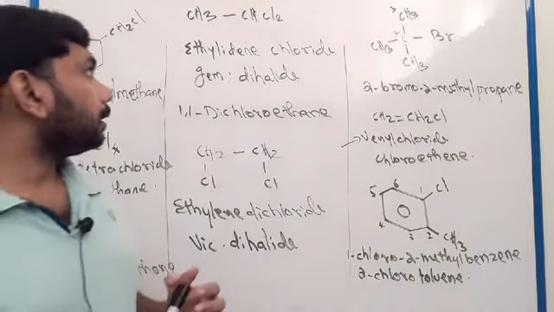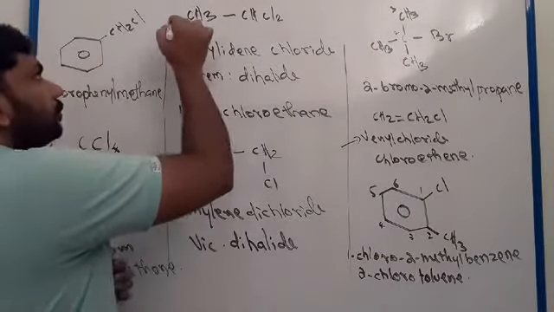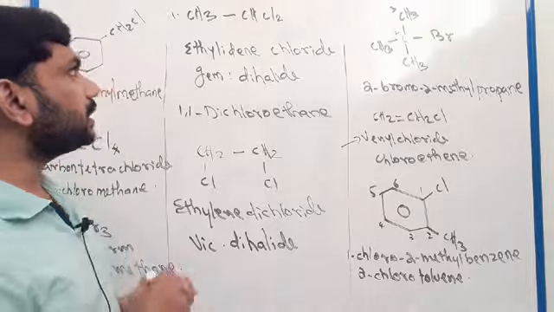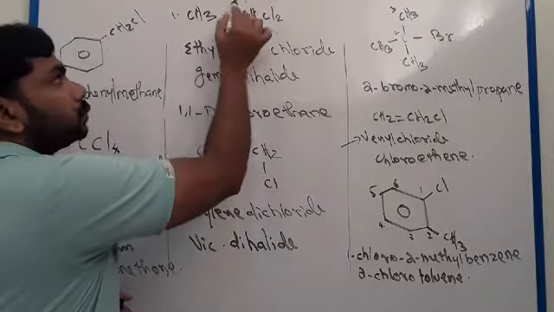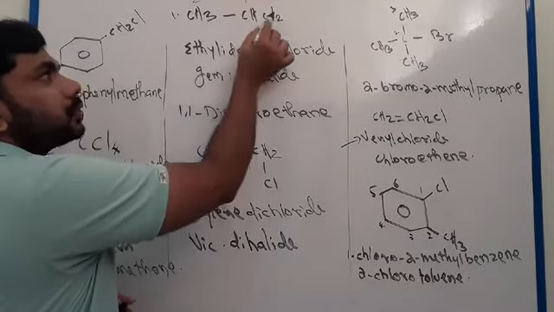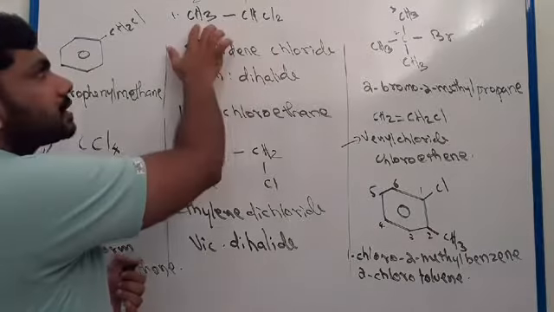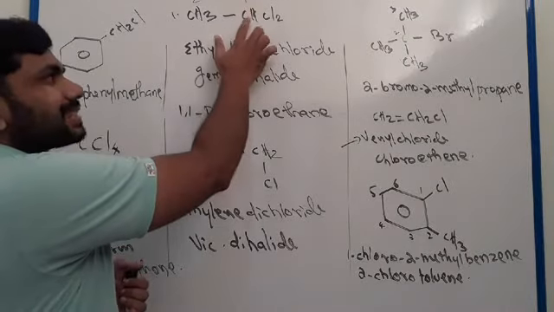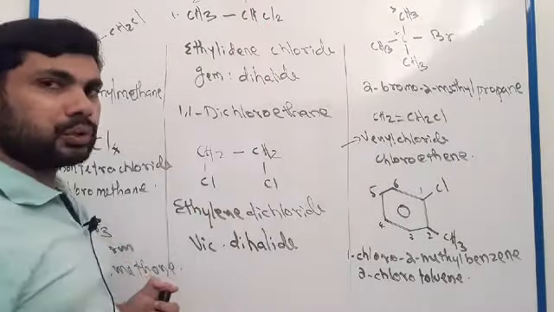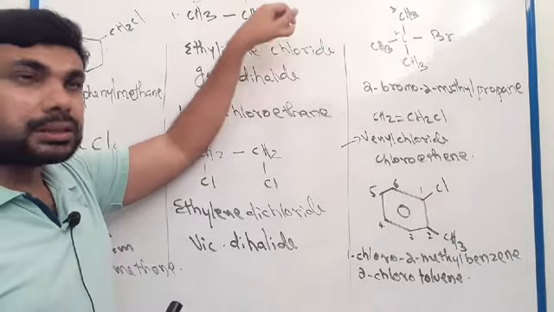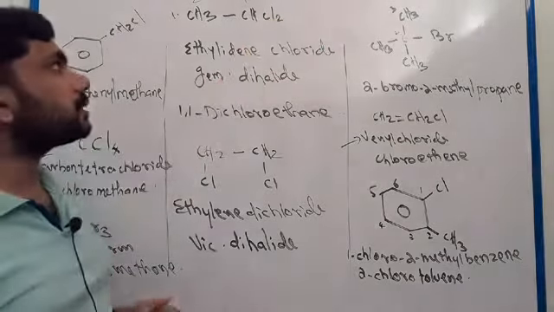Okay, next we have some more examples. Look here, the first one, CH3CHCl2. In this compound there are 2 carbons. This is the first carbon because the chlorine functional group is over here. Then this is the second carbon. Look here, CHCl2 means this carbon has 2 chlorine atoms.